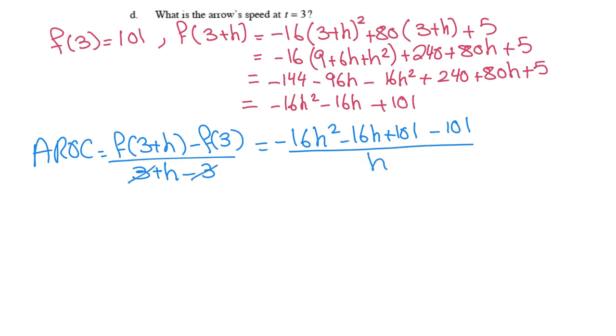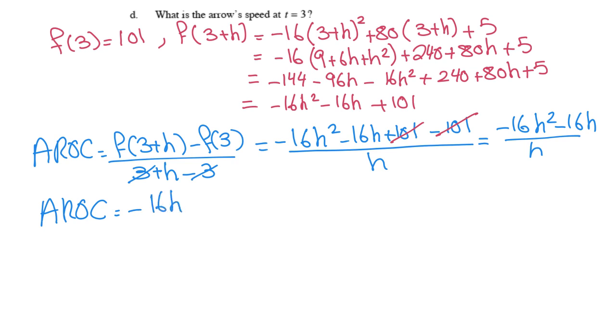That's equal to h. Now let's see any like terms I can cancel from the top. The 101 and negative 101 cancel out, leaving us with negative 16h squared minus 16h over h. And your AROC is finally equal to, divide each one of the terms by h, or pull out the h as a GCF and then cancel it out with the h in your denominator. That will equal negative 16h minus 16. I figured out my AROC.